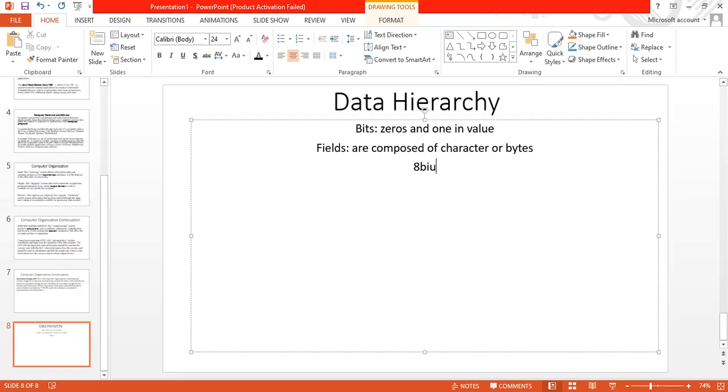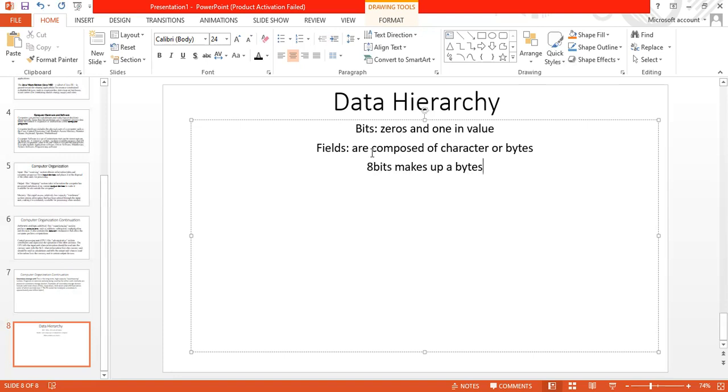Don't forget that I said bits are the smallest in the data hierarchy. And 8 bits make up a byte.